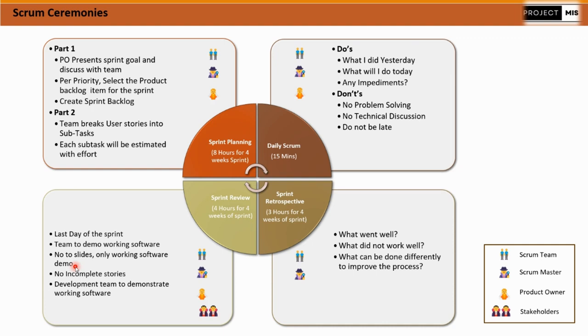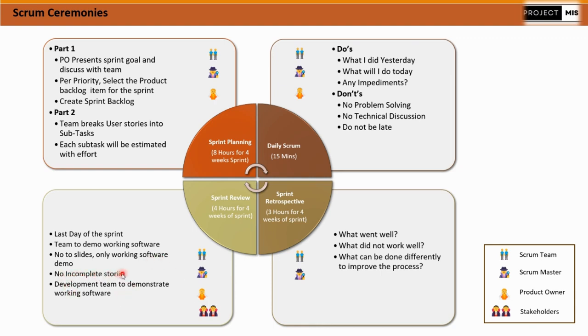No PPT, no slide, no Word document, no Excel report, nothing. Only one thing should be talked about in a sprint review, and that is working software. Someone from the development team should share their screen, run the application, and show what features we have worked upon and how they are performing on the system.